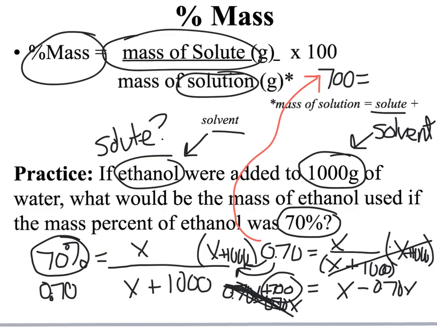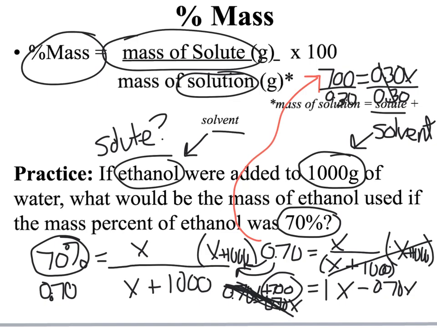And then you have x. Remember, x by itself is 1x. So if you do 1x minus 0.7x, right, you're left with 0.3x. The last thing you have to do is get x by itself. So you're going to divide both sides by 0.3. That's going to leave x by itself.